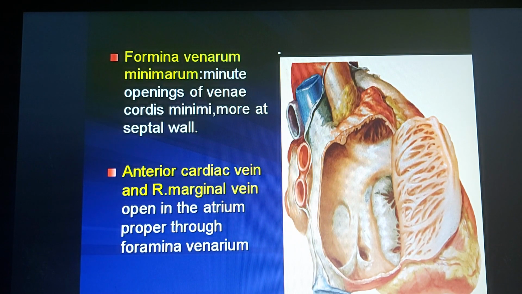Next, the anterior cardiac vein and right marginal vein open into the right atrium proper through foramina venarum.